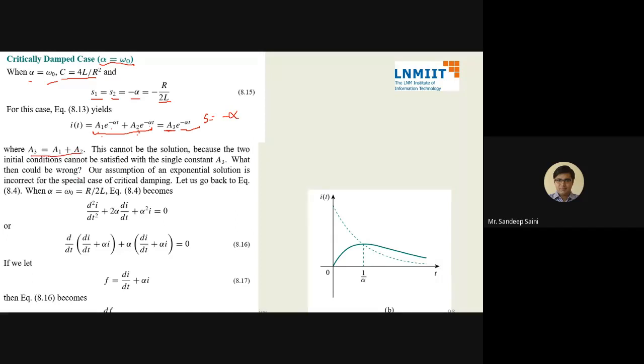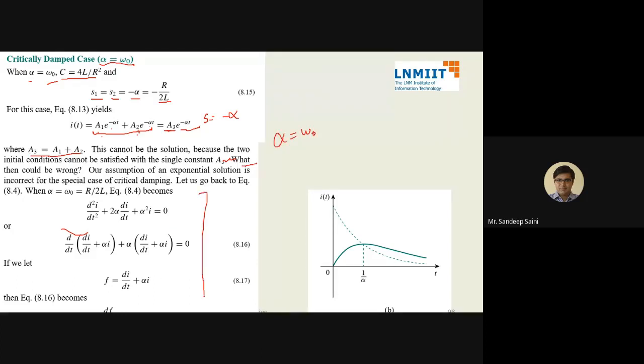Now what we are saying is, this cannot be the solution, because two initial conditions cannot be satisfied with a single value of a3. So whenever you get equal roots, that means alpha is equal to omega naught.